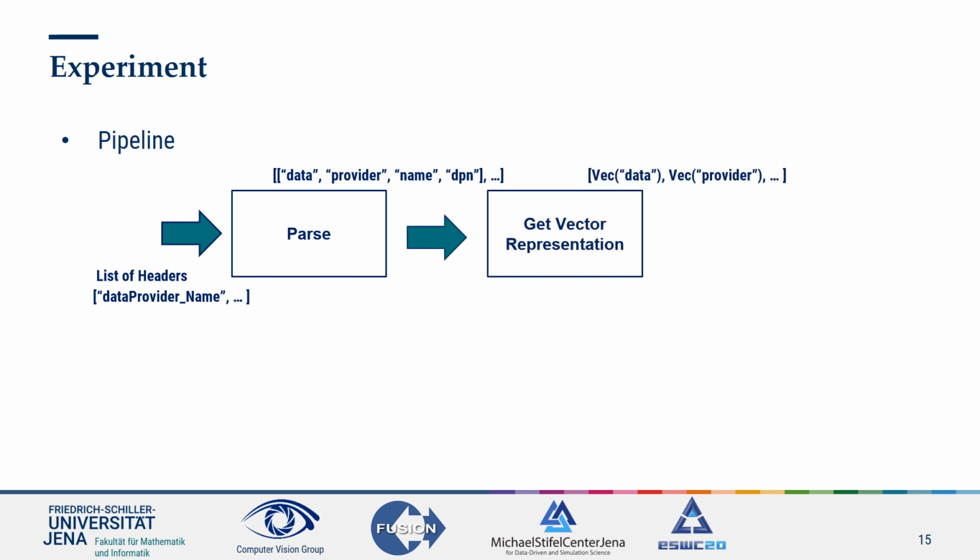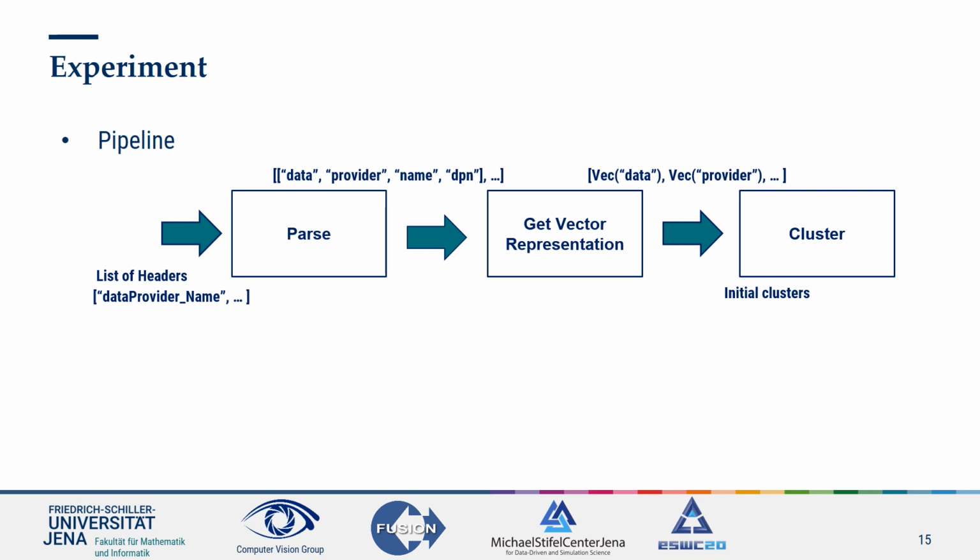In this step, we included two types of vector representation. The first one is the syntactic representation, which is basically the plain text itself, while the second one is the semantic representation using word embeddings. These vectors are then clustered based on their similarity.